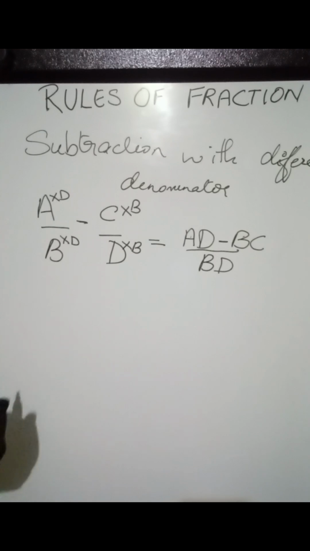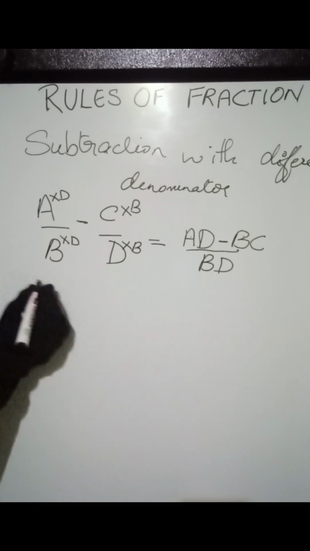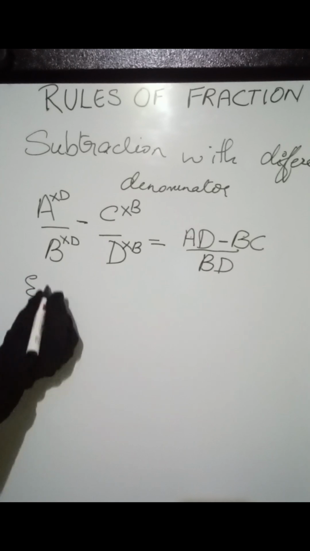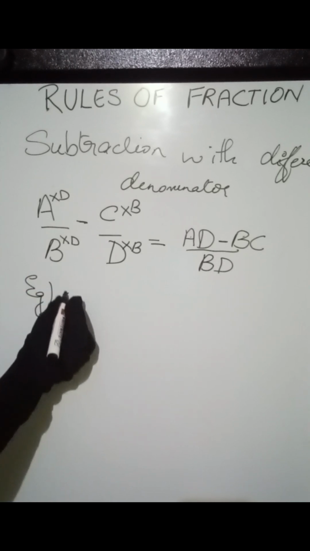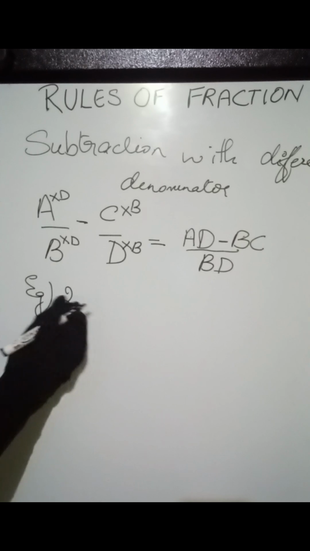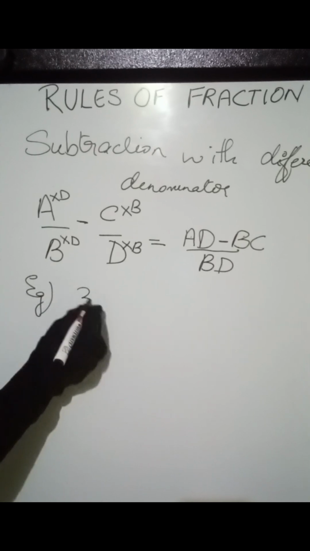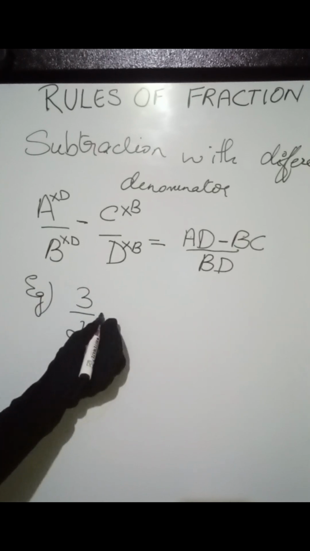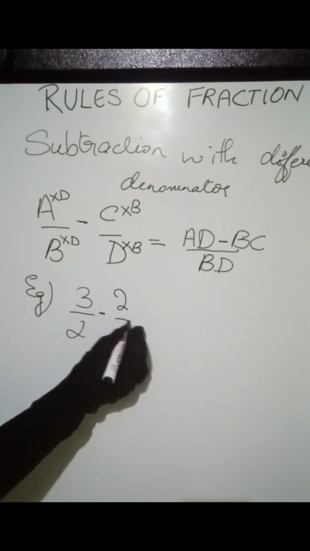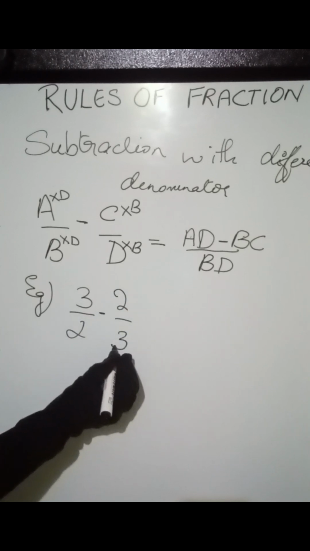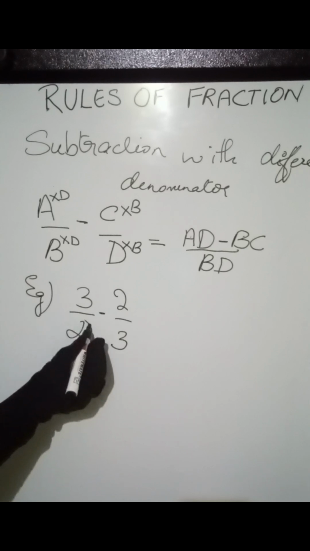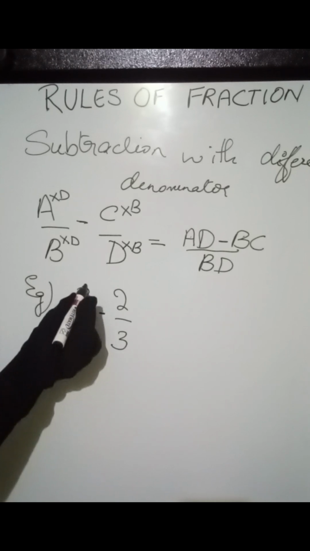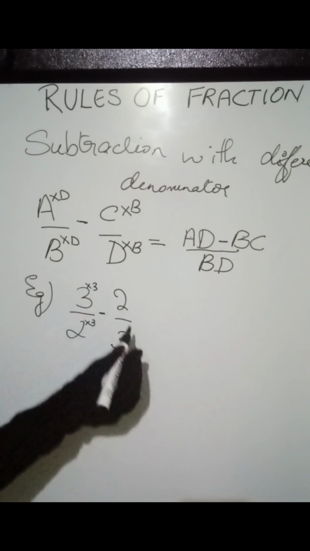Now, for example, let's consider 3 by 2 minus 2 by 3. Since we have to make the denominator common, you multiply 2 here with 3 and multiply 3 with 3.